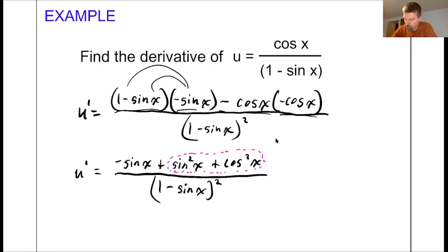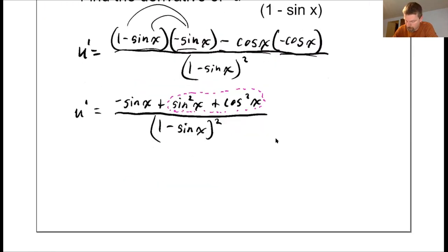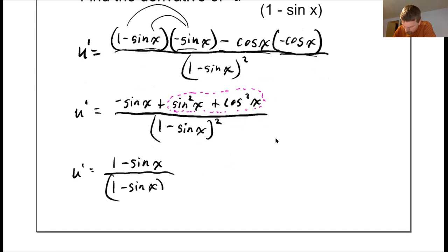So I could even keep going further. And I could say the numerator is negative sine of x plus 1, which I can write as 1 minus sine of x. Right, negative sine of x plus 1, 1 minus sine of x, same thing. The reason I like that is because it's all over 1 minus sine of x squared.